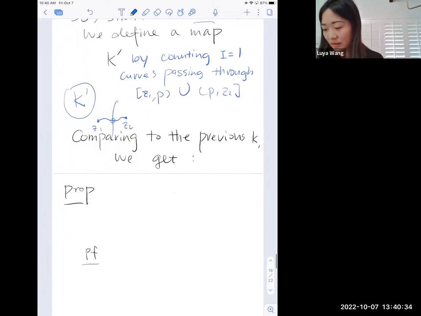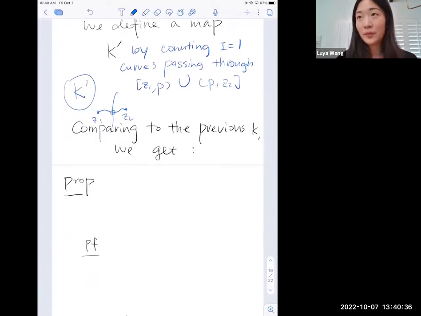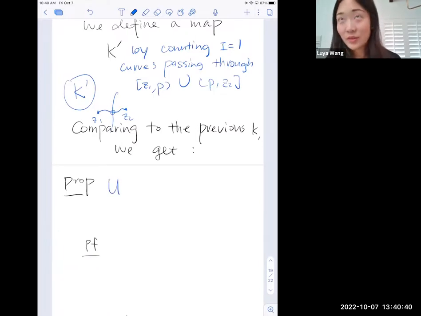So comparing with the previous K, we get U, Z1, connected sum, Z1.